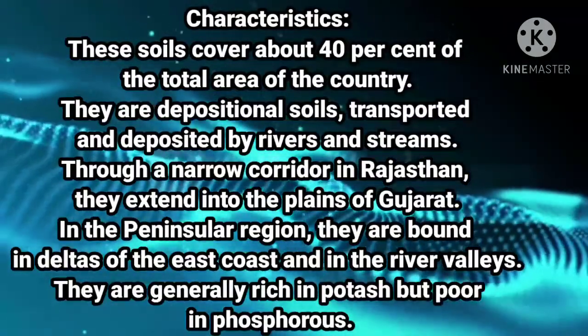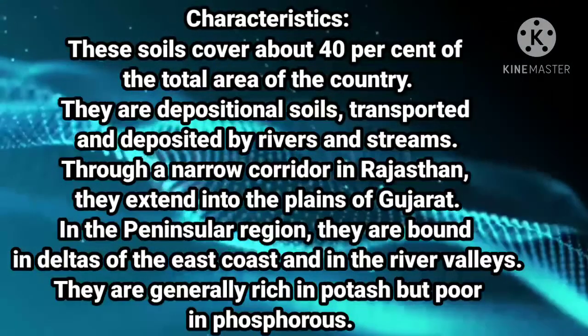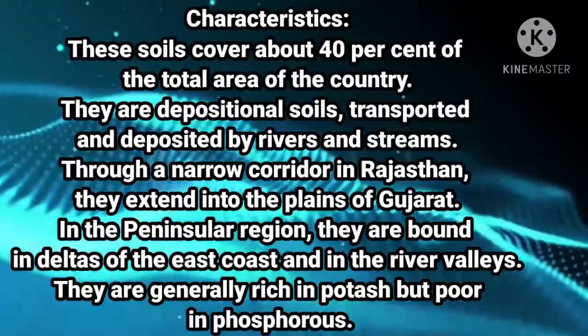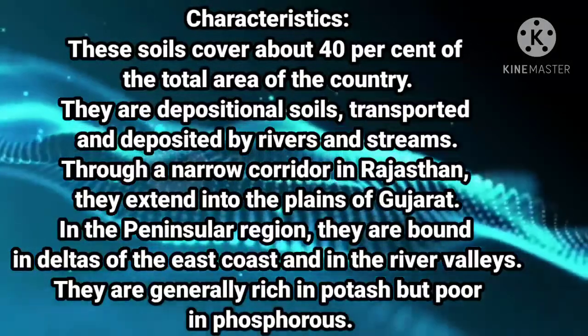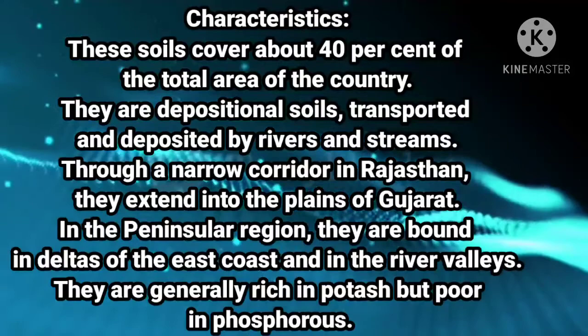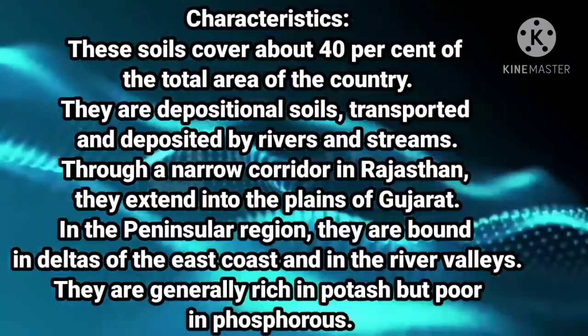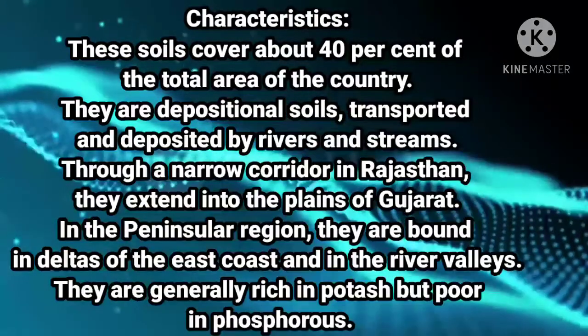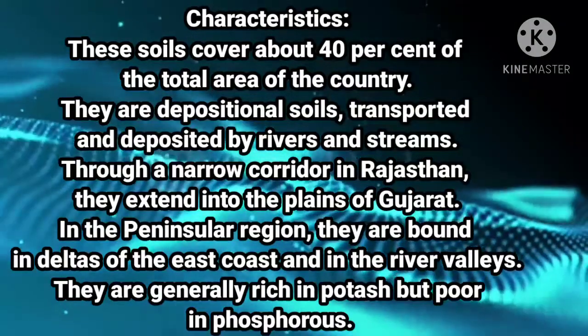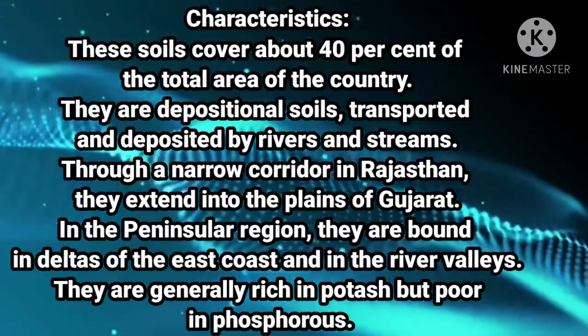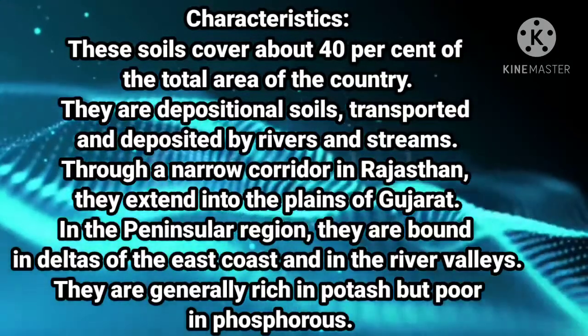These soils are common in the eastern coastal plain. They have been deposited by the rivers in the river valleys of Mahanadi, Godavari, Krishna and their deltas. These are deep and fertile soils, suitable for cultivation of jute and sugarcane.